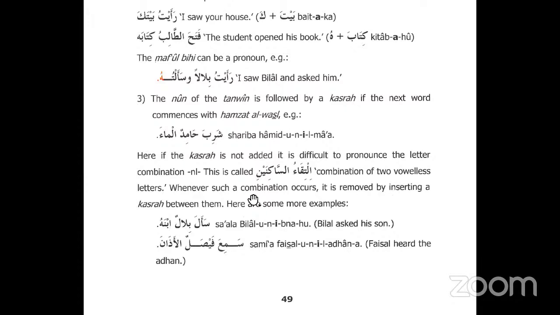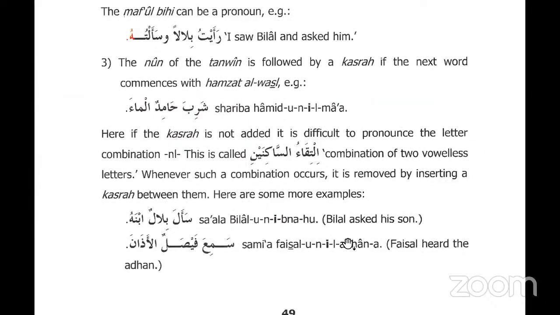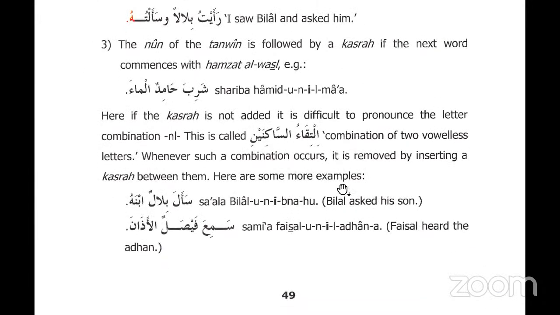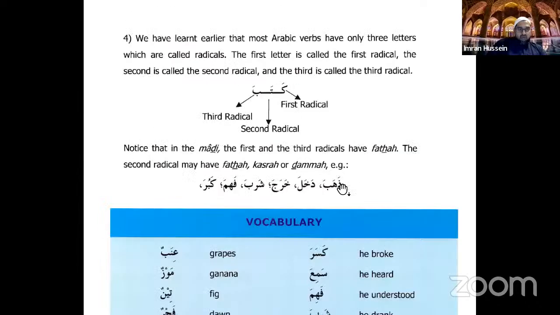Whenever such a combination occurs, it is removed by inserting a kasra between them. Here are some examples. Sa'ala Bilalun ibnahu. Bilal asked his son. Sami'a Faisalun al-azan. Faisal heard the azan. Right, this is straightforward, not difficult.